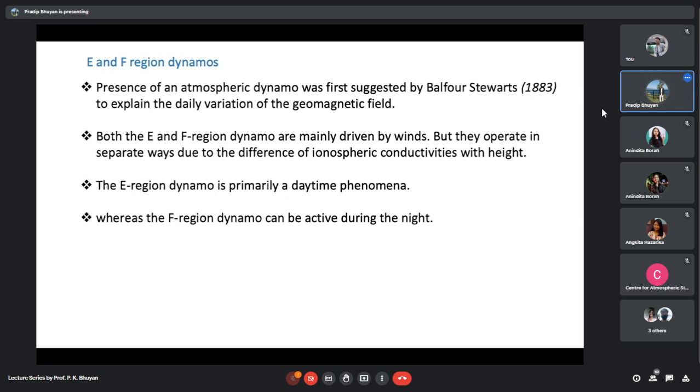Ionization is still quite substantial, so you get a number of ions or electrons available for conduction, and the current will also flow. So the F region dynamo acts both during day and night time. That means it is a 24-hour phenomenon, but the E region dynamo is a daytime phenomenon.